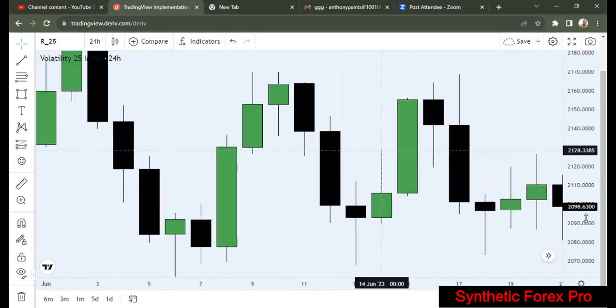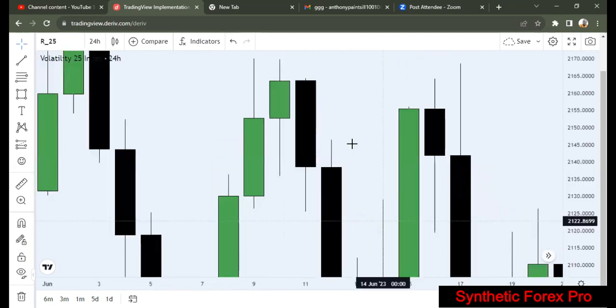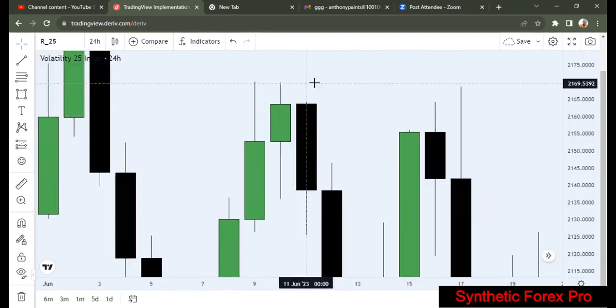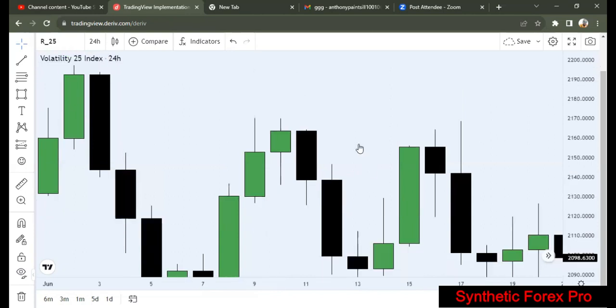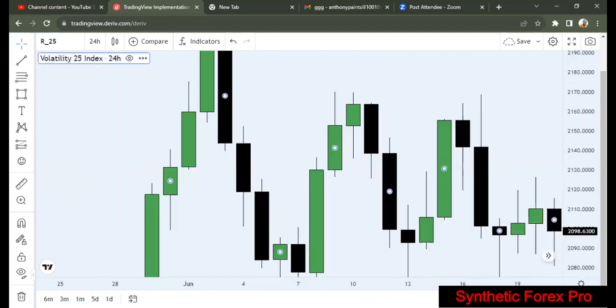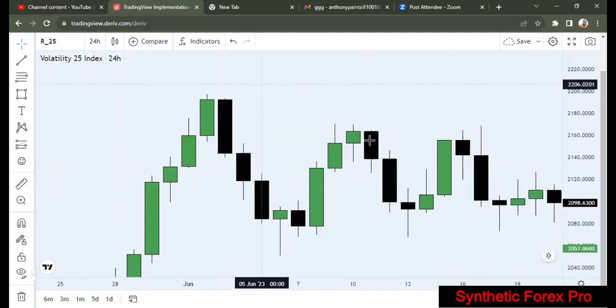You may not easily see, but upon further zooming out, this one here forms the swing because this one is higher than this, and then this. So we have the high formed in here. Then we have the rally down. All right, so that is the definition of swings. When we have highs and lows, this is how we are looking at it. So we have another one.